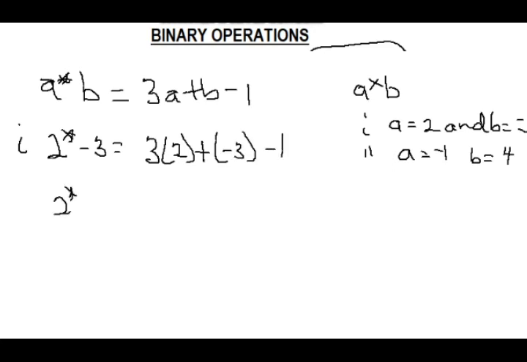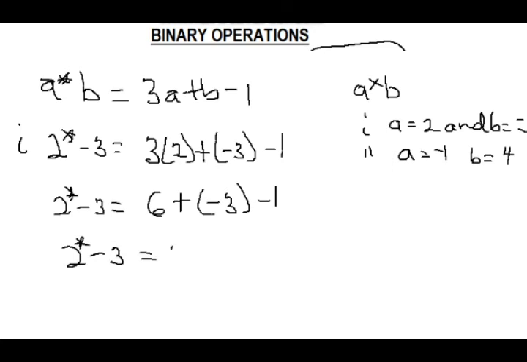So 2 star minus 3 is going to give us 6 plus minus 3 minus 1, that is 6 minus 3 minus 1. 6 minus 3 is 3, minus 1 again is 2. Our answer is 2 for the I.